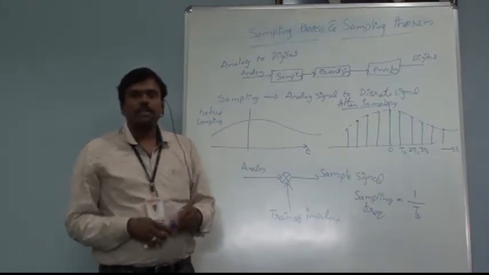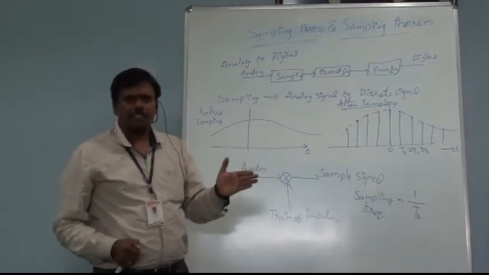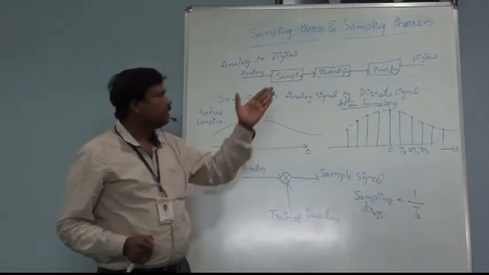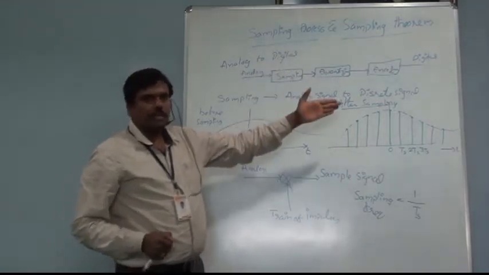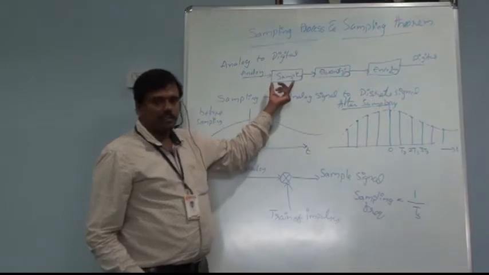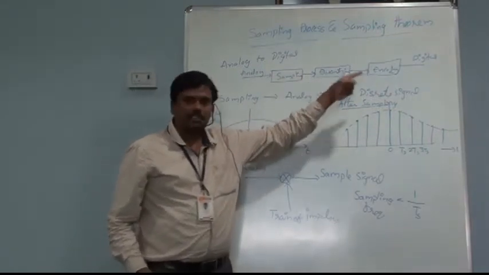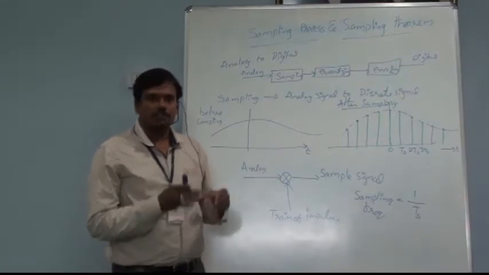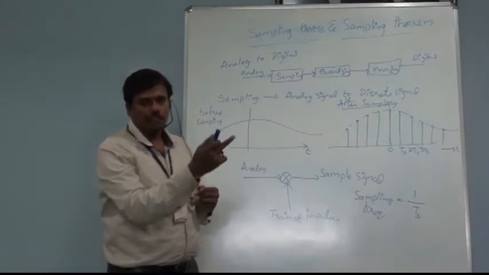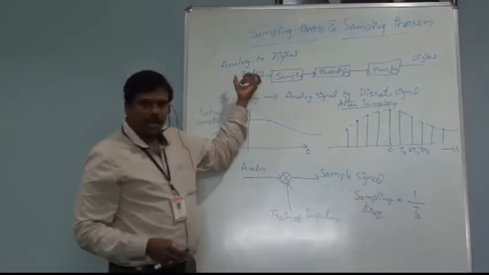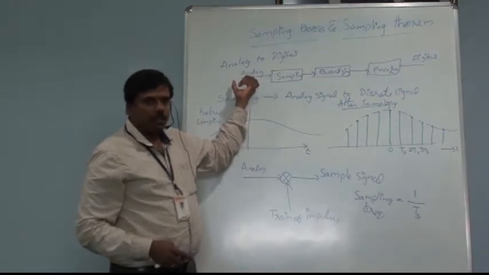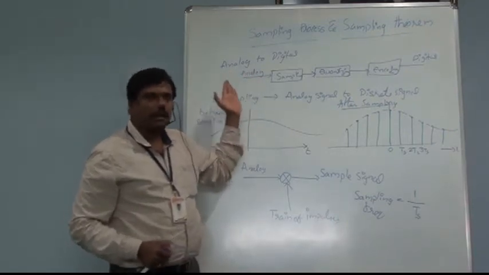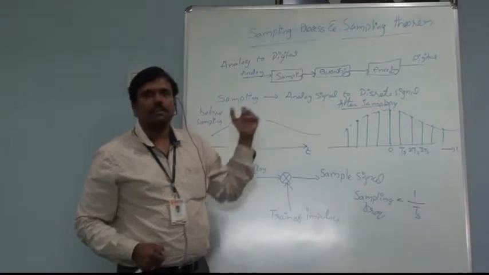So just now I told that in every system we are storing the data in the digital form. For storing the data in the digital form, we require the three blocks: sampling, quantizing, as well as encoding. For example, I would like to transfer the information from source to destination. But I am having the data of analog in nature. So this analog signal I am not communicating to the receiver directly.